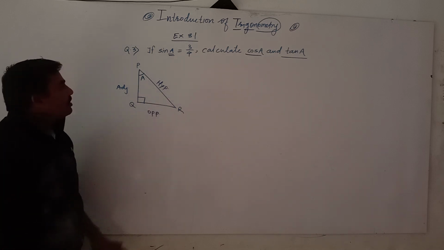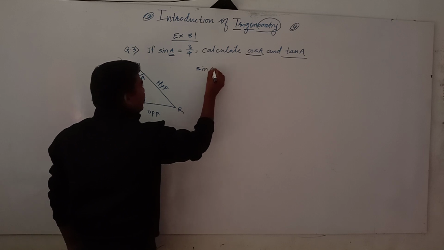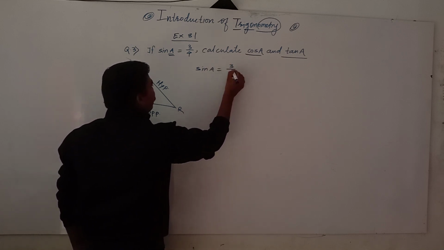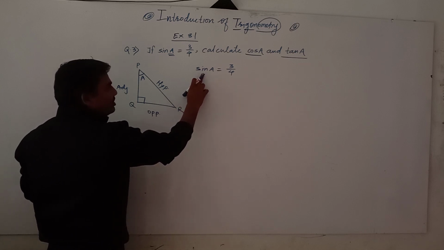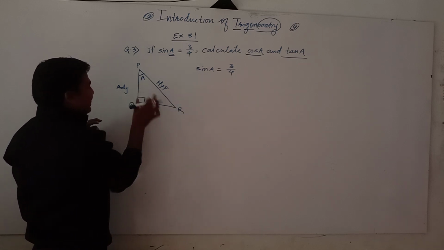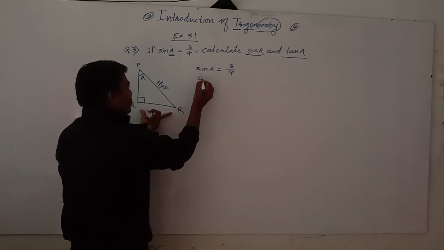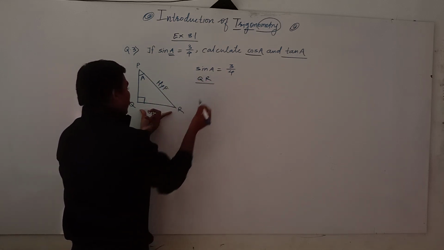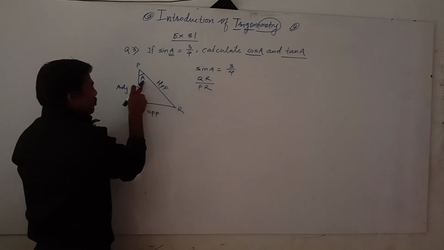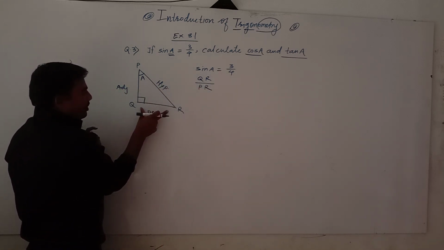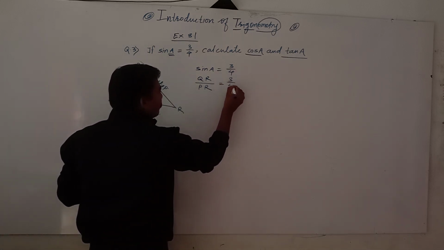Okay. Now sin A is given, sin A is equal to 3 by 4. But we know its definition is opposite side upon hypotenuse. So the opposite side is QR, and QR upon hypotenuse PR is 3 by 4.